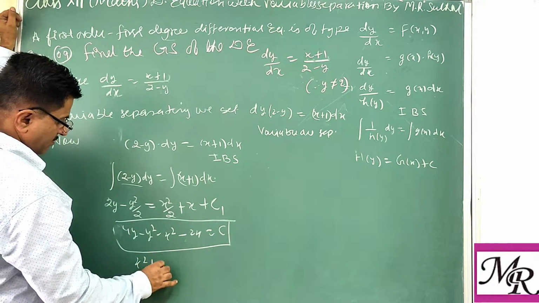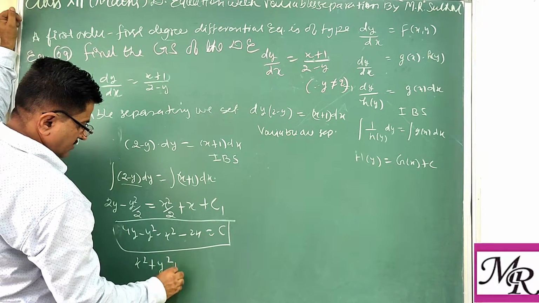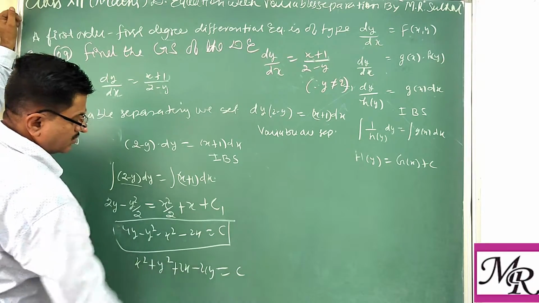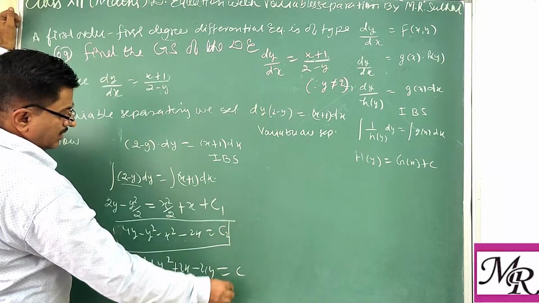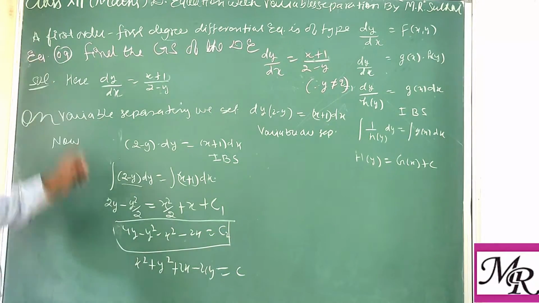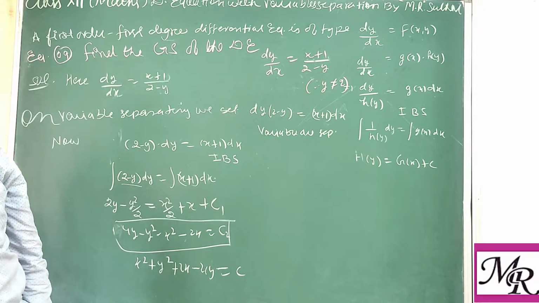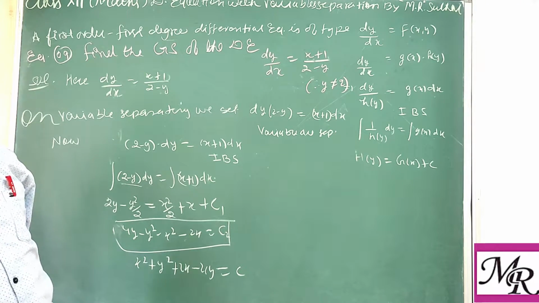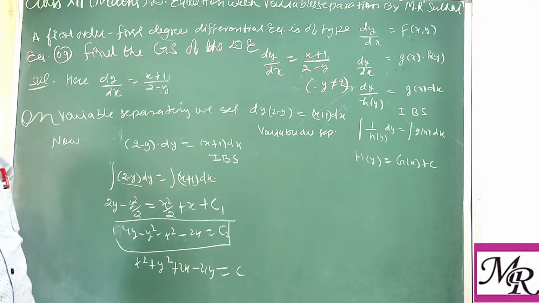So x square plus y square plus 2x minus 4y equal to C. Clear? This is C1, C2 and constant C. So finally we are getting the solution x square plus y square plus 2x minus 4y equal to C.